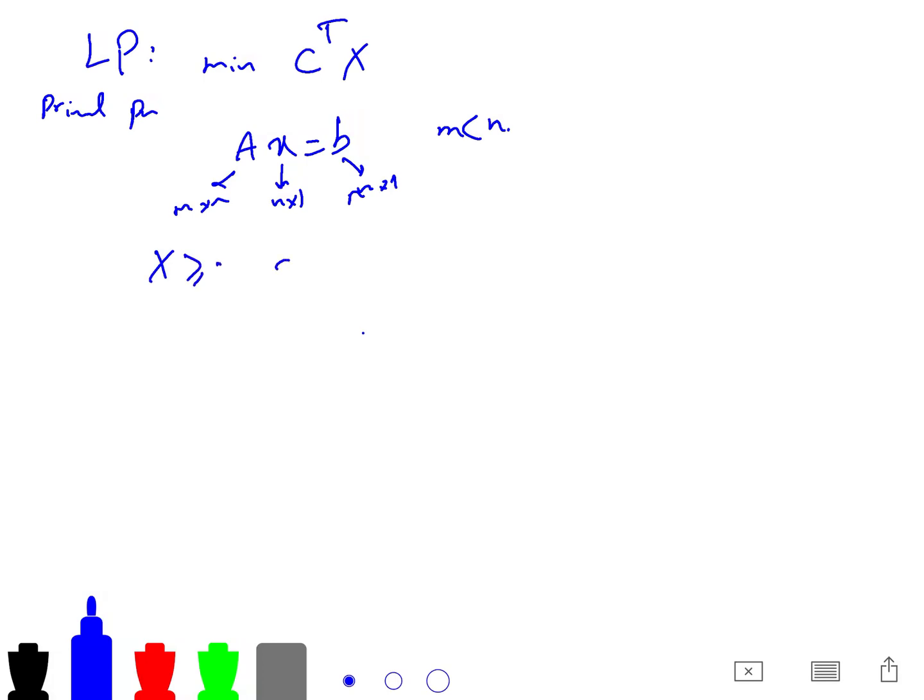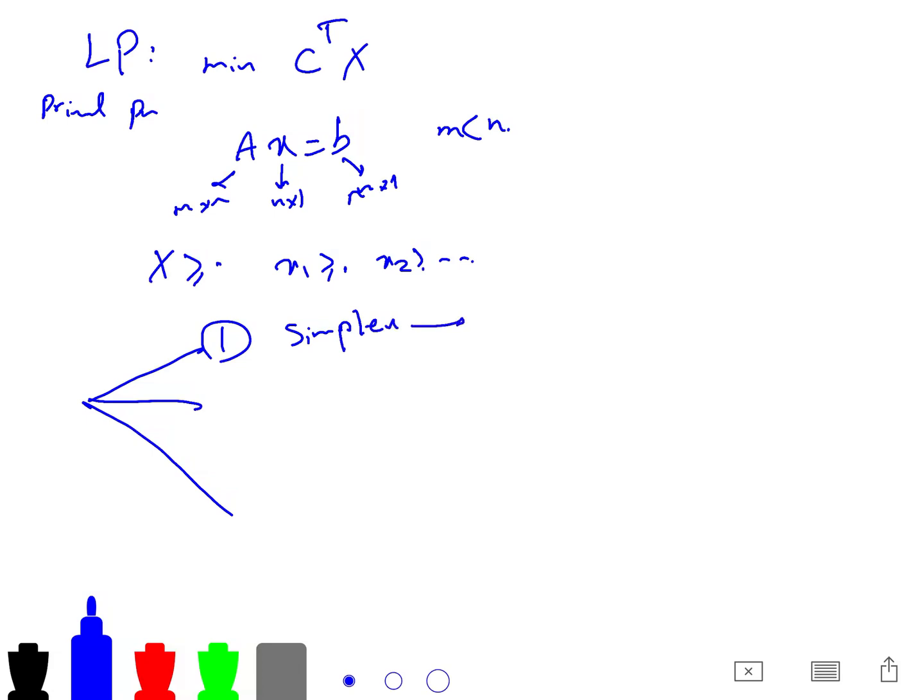And x is greater than 0, I mean x1 greater than 0, x2 greater than 0. There are many methods to solve this linear programming. We have three famous methods. Method 1 is the Simplex Method by Dantzig.